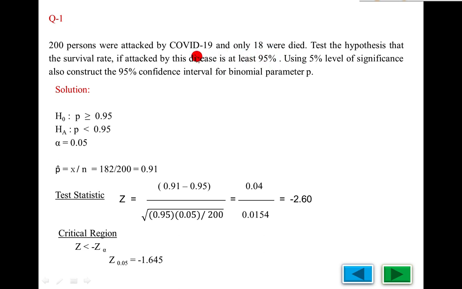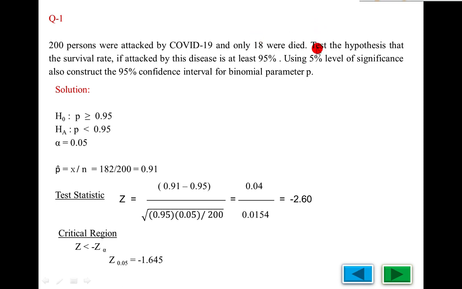If the value is given for the mean and we test the hypothesis for the mean, we apply the testing of hypothesis for the population mean. If the value of sigma or sigma square, the standard deviation and variance, is given or known, we apply the method of testing of hypothesis for population variance or standard deviation.